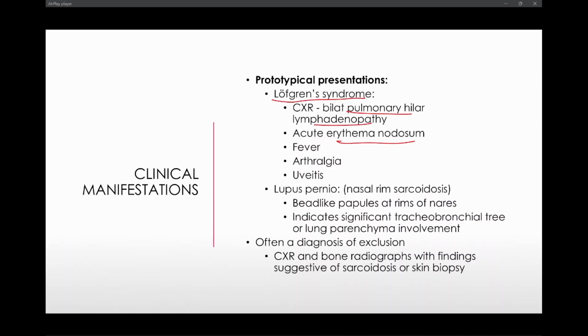Those are the brown, red, bruise-like things you'll see on the anterior shin. Fever, arthralgia, uveitis. The key things are the first two, because fever, arthralgias, and uveitis are pretty generic symptoms. It could be anything, but on an x-ray you're going to see that, and you're going to see that erythema nodosum on the shins.